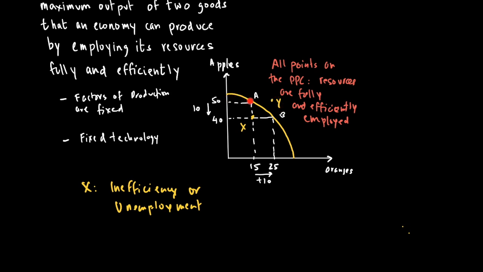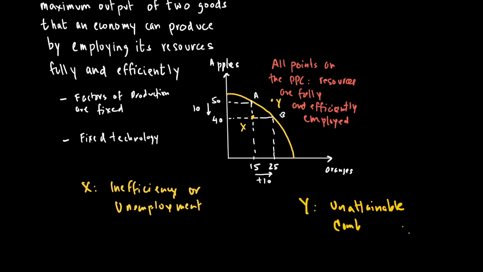If all the points on the curve show you full employment, show you your productive potential because you're using your resources fully and efficiently, then all the points which are not on the curve, let's say point Y, would be one where we say that it is an unattainable combination.